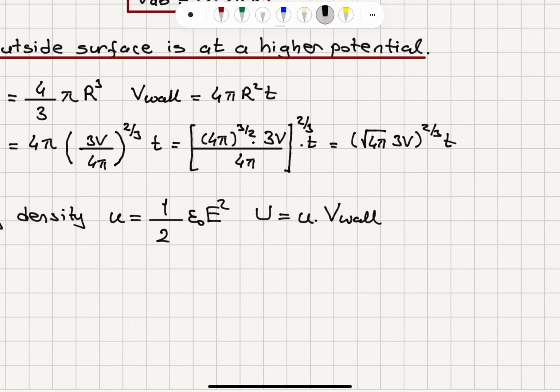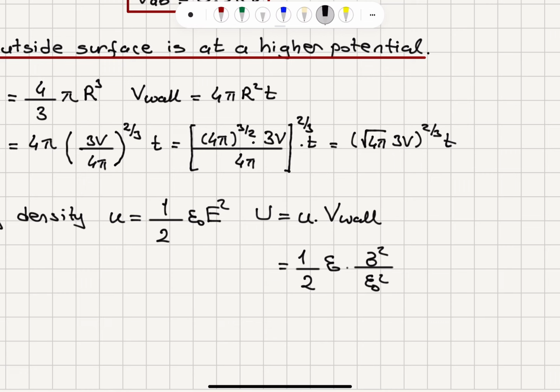So if I substitute for this energy density 1/2 epsilon 0 E squared, remember E is sigma over epsilon 0, so it's going to be sigma squared divided by epsilon 0 squared.